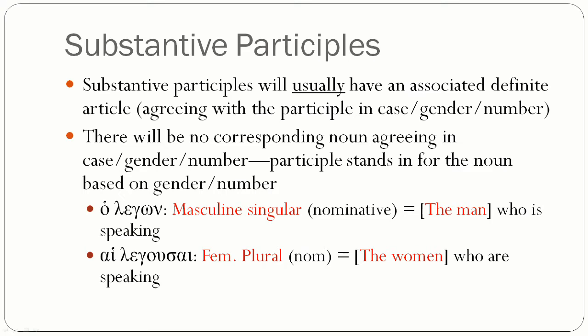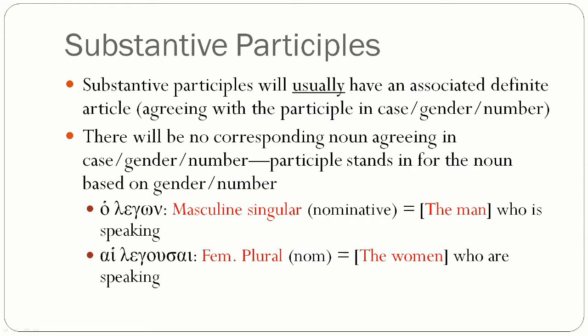All right, moving on now to the substantive participle. Your substantive participle will usually, and I notice that I've underlined usually, have an associated definite article. And again, associated means that the article is agreeing with the participle in case, gender, and number. What is the difference between the attributive and the substantive participle? They're used pretty much the same way, but with the substantive participle, there is no corresponding noun that agrees in case, gender, number.